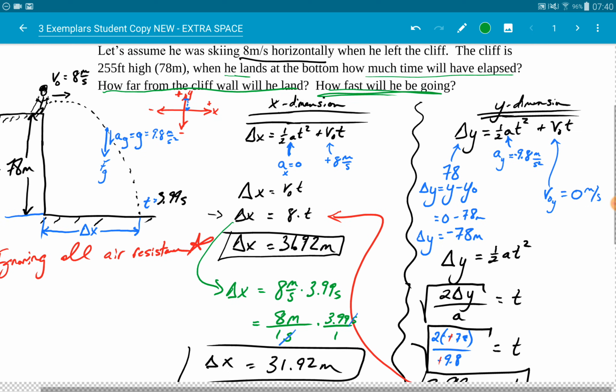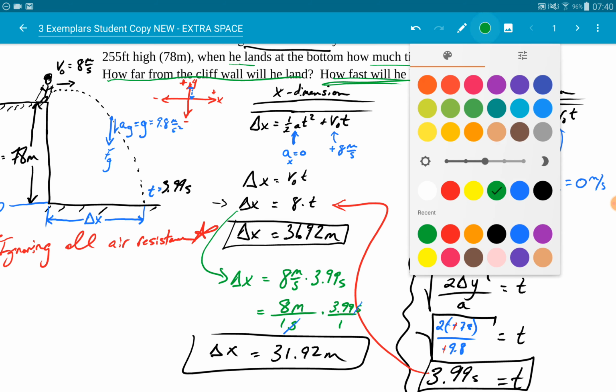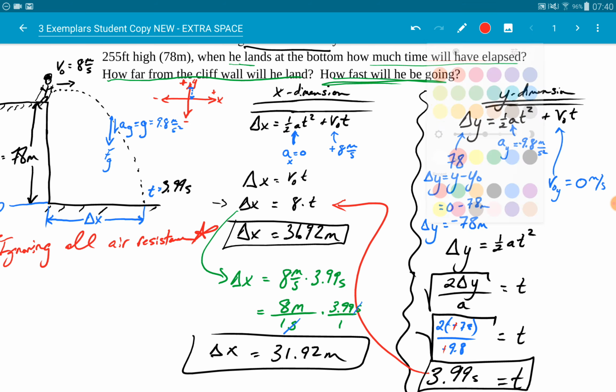Now that sounds like a vector addition problem, because if I were to draw his velocity at the end, we know he's going to be moving at the same original v naught x, 8 meters per second to the right, because nothing was speeding up or slowing him down. However, he's also going to have some velocity in the y direction. I don't know what that is.